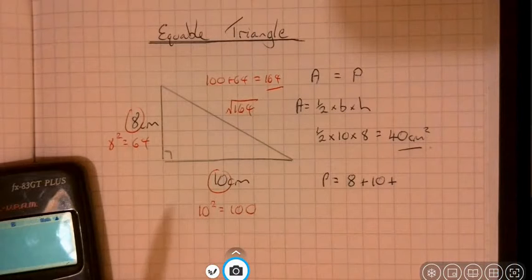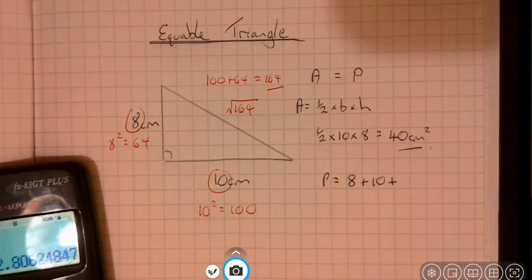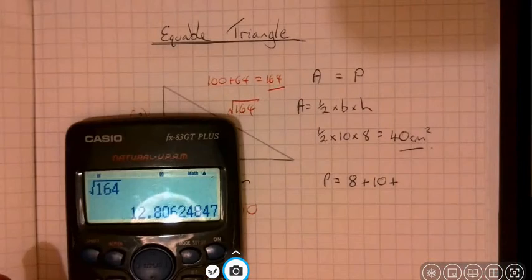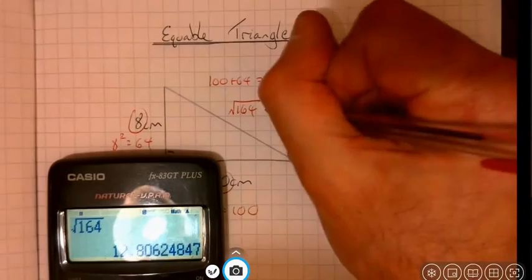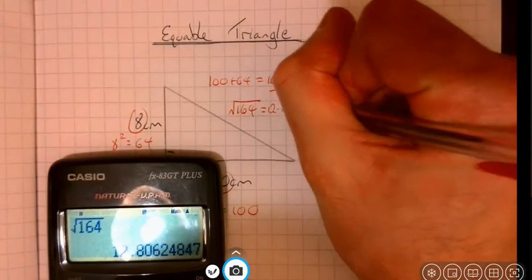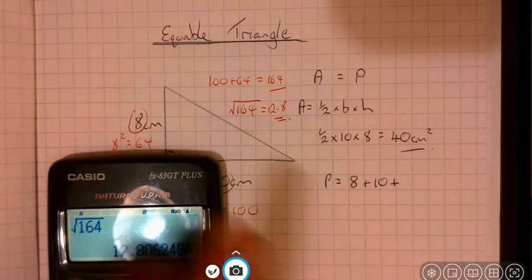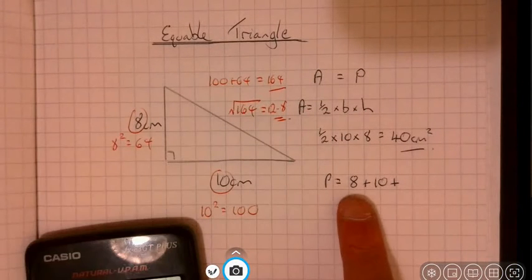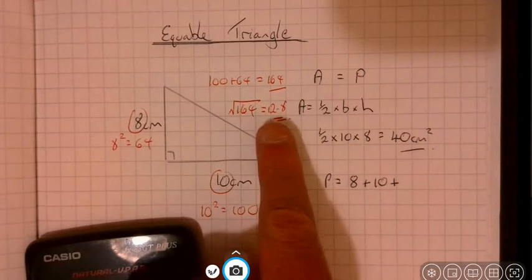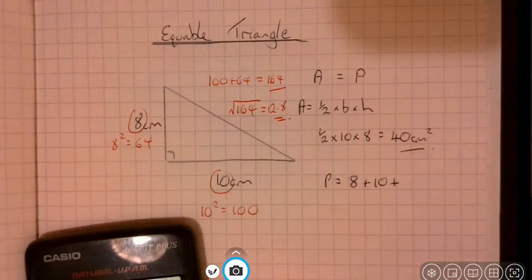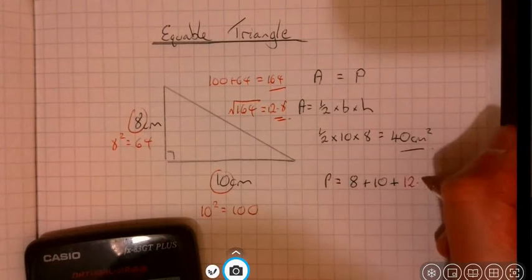So if we do the square root of 164, we get 12.8 and a little bit. I'm just going to write down 12.8. Okay, I'm going to round it off. So the perimeter is equal to 8 plus 10 plus the 12.8.